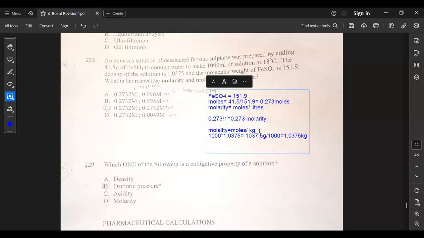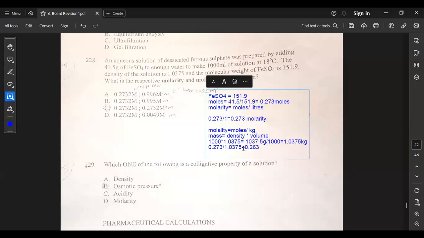So you convert that to kgs. How many kgs do we have? Oh, okay. So we've gotten 1.037 kgs.